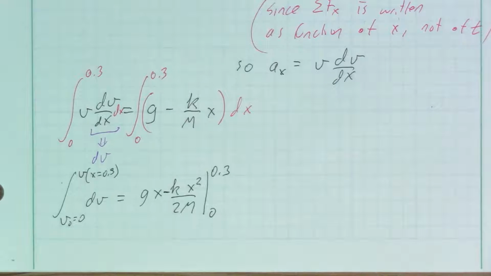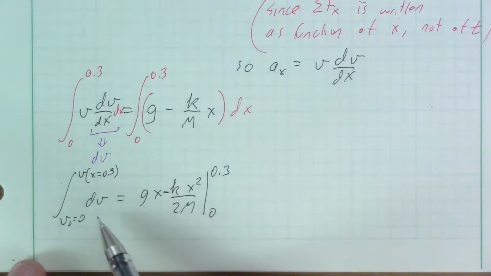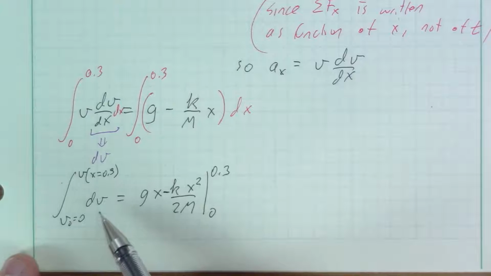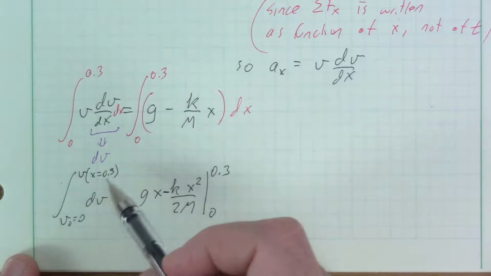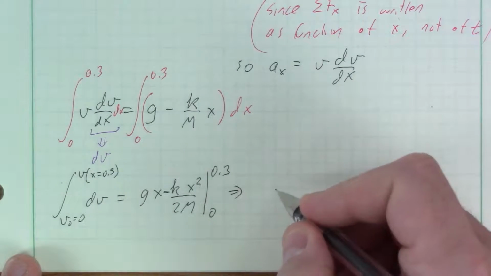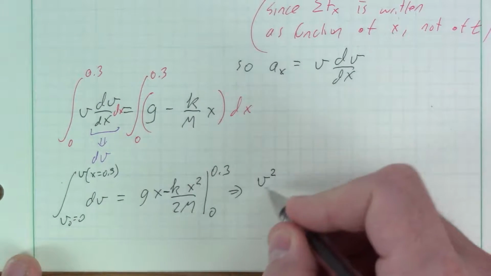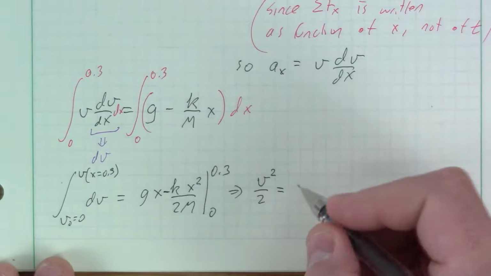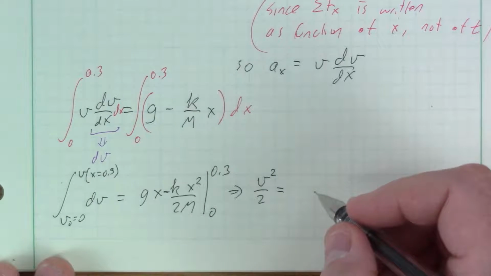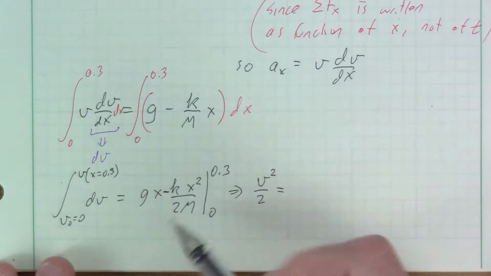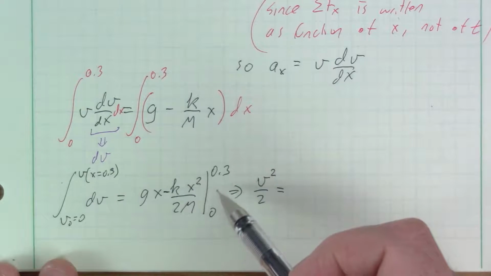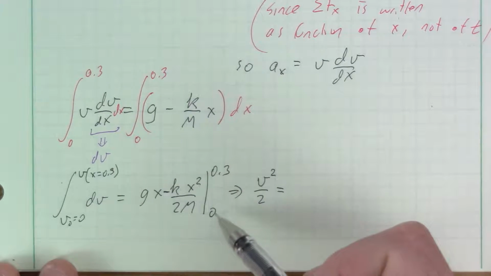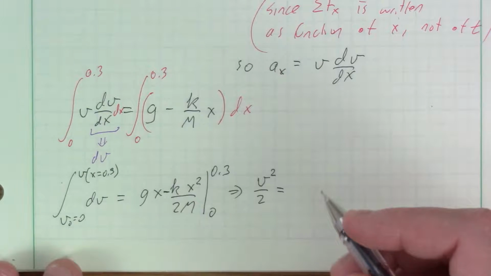Okay, I think that's all good. On the left-hand side, this is going to be v squared over 2. We're looking for the velocity squared here. Velocity squared over 2, and then we'll just subtract off the initial velocity, which is just 0. And now on the right-hand side, the bottom bound is just going to be 0 because those all have x's in it.